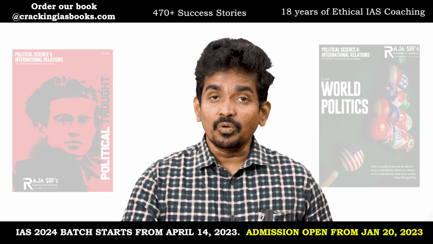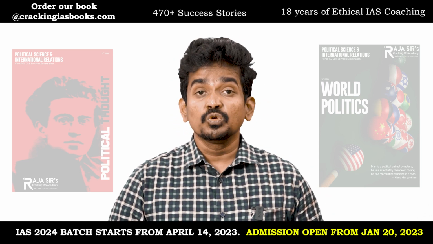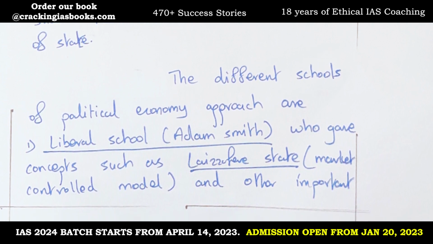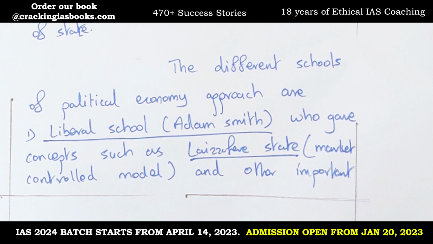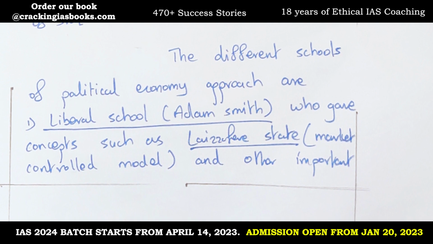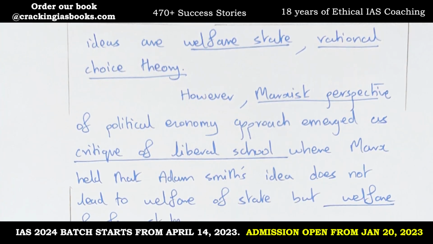Now the next paragraph. The different schools of political economy approach are: 1. Liberal school, within brackets Adam Smith, who gave concepts such as the laissez-faire state and the market controlled model, and other important ideas are welfare state and rational choice theory.